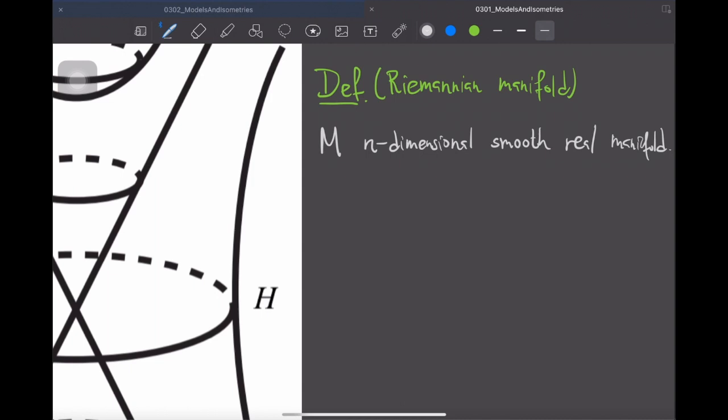And second, one has, so let me go with something a bit too abstract, let's say.